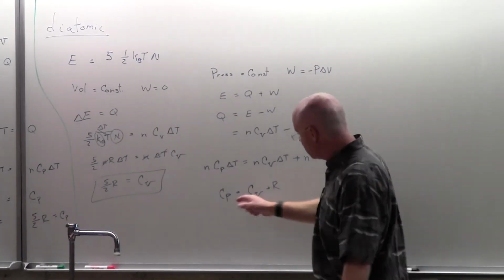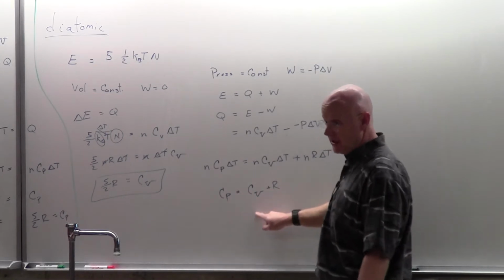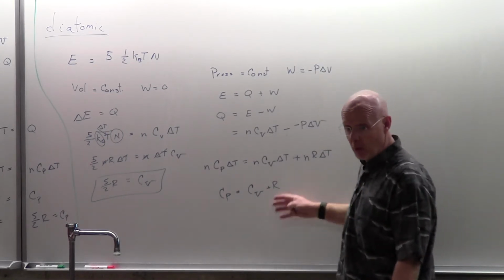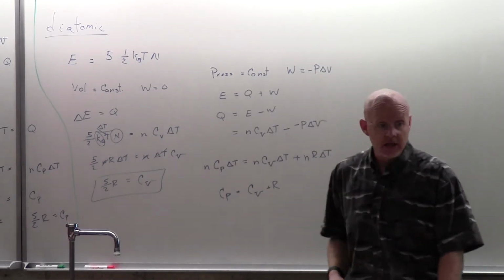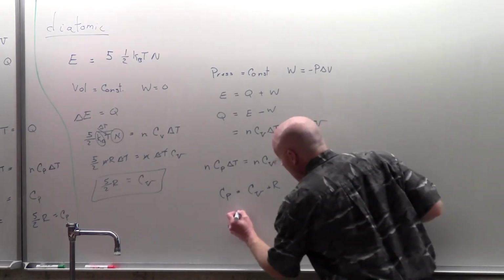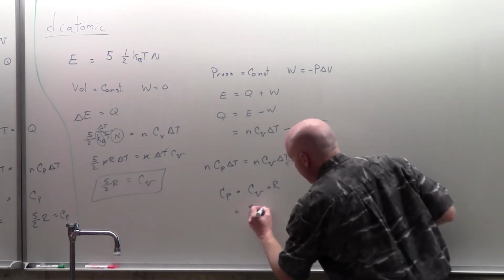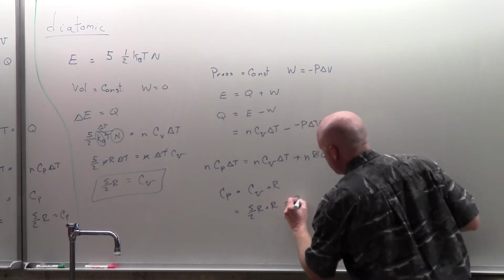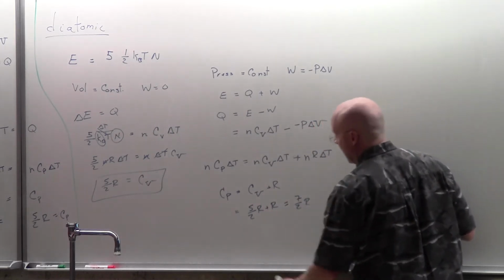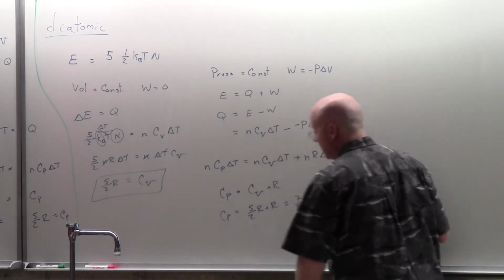You're always going to get Cp equaling Cv plus R. It's going to be one more R, and you can kind of see that again. So if this was 5/2 R, we now add an R to it, and we get 7/2 R for Cp.